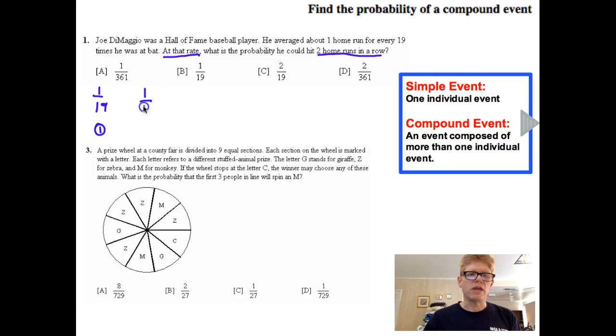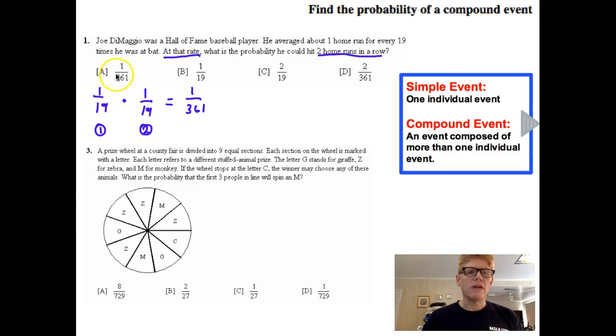Now he has done it twice, so we now have to multiply these by each other. That's how you calculate the probability of a compound event. You multiply the two by each other. That's going to give you 1 over 19 times 19, which is 361. So the probability of him hitting 2 home runs in a row is 1 out of 361, or letter A.